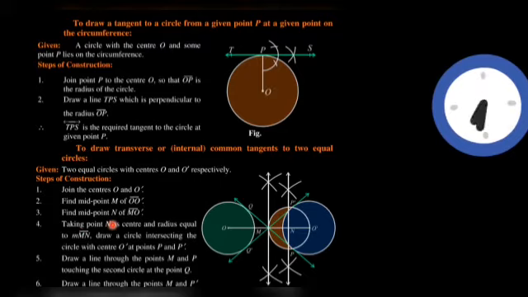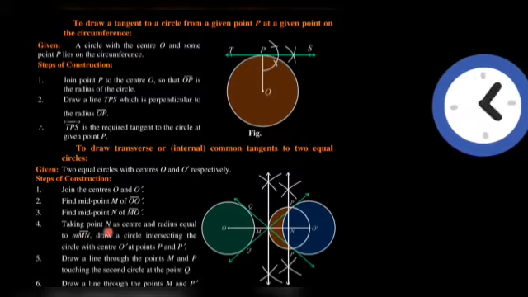Similarly, find the midpoint of line MO prime, the half of OO prime. When we find the midpoint, this N is the midpoint of the line MO prime.